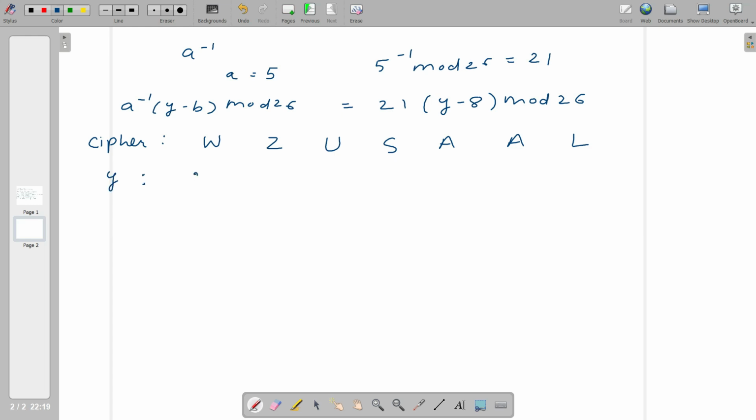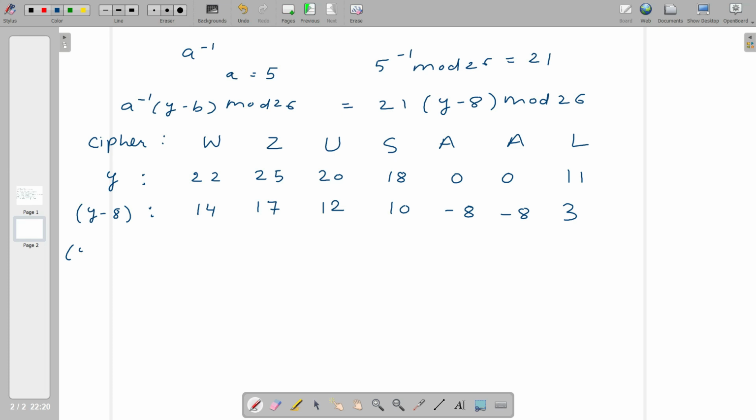For W it is 22, for Z it is 25, for U it is 20, for S it is 18, for A it is 0 and for L it is 11. Now we are going to calculate Y minus 8. So 22 minus 8 is 14, 25 minus 8 is 17, 20 minus 8 is 12, 18 minus 8 is 10, 0 minus 8 is minus 8 and 11 minus 8 is 3.